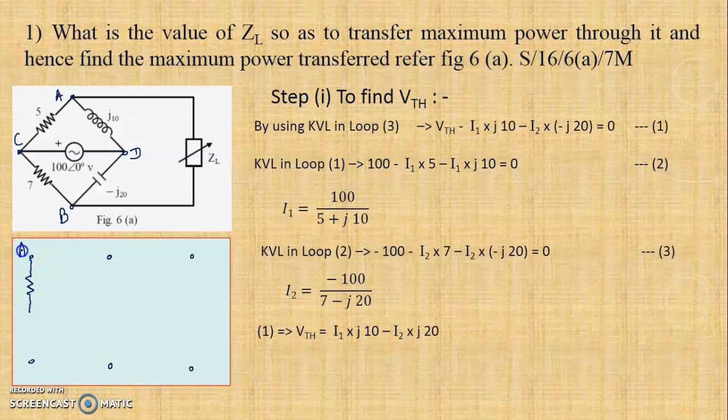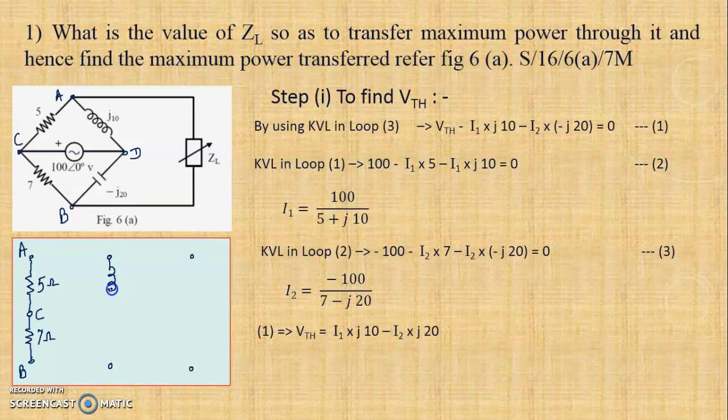This terminal is A, this terminal is B. 5 ohm and 7 ohm are present between A, C and C, B respectively. Then between A and D you have an inductor and between D and B a capacitor.